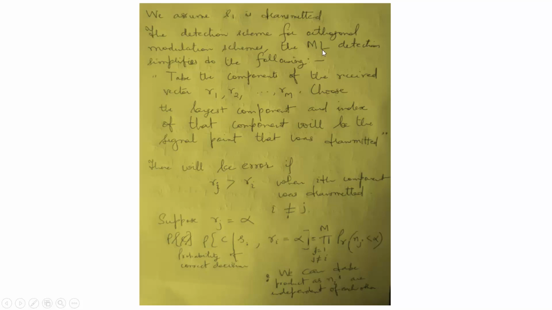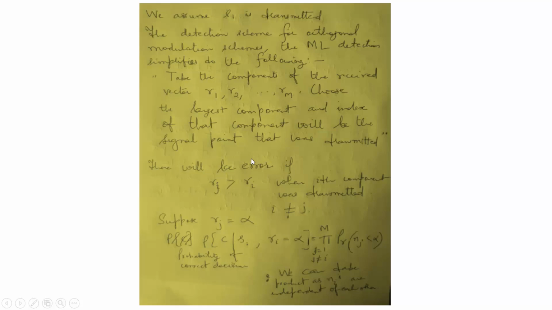What is the principle of detection in orthogonal modulation schemes? Take the components of the received vector R1, R2 up to Rm, choose the largest component, and the index of that component will be the signal point that was transmitted from the transmitter.